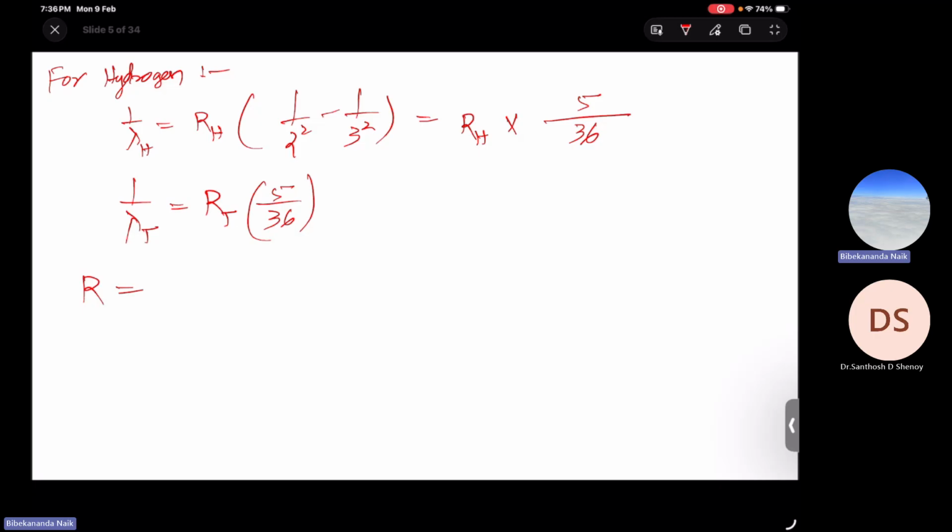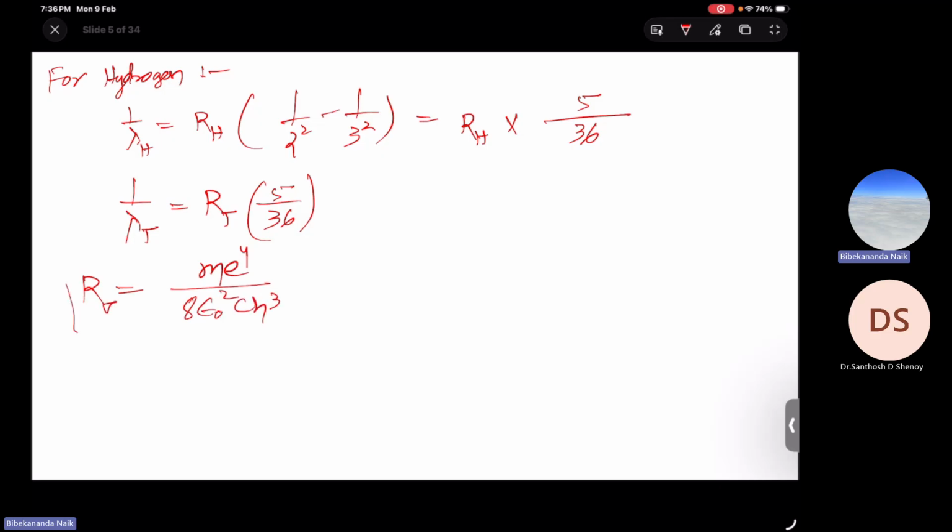So R is m e fourth divided by 8 epsilon 0 square ch cubed.